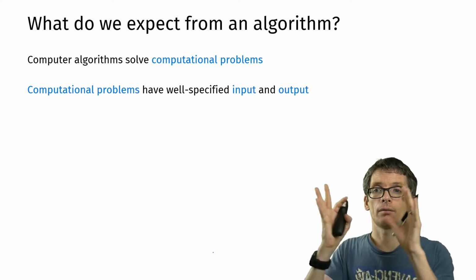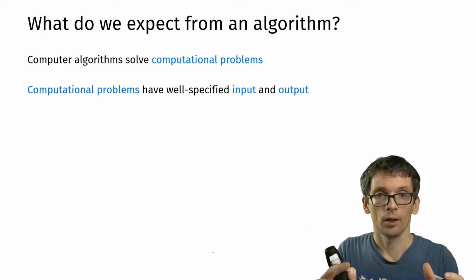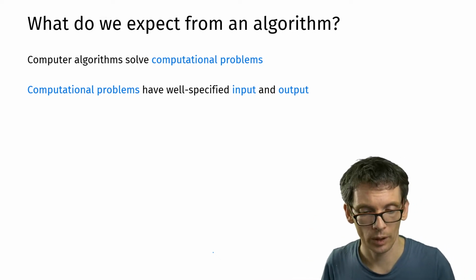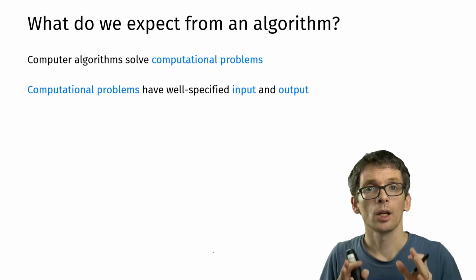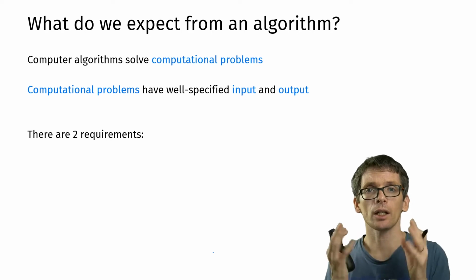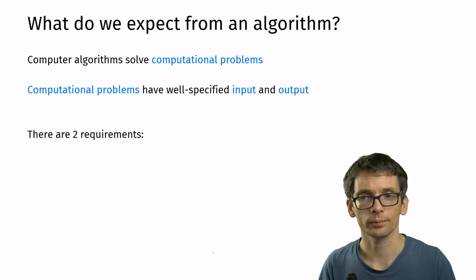Okay, I wanted to talk about what we expect from our algorithm. So far we just know what a computational problem is. What do we want from an algorithm? Essentially, there are two things that are most important to us.